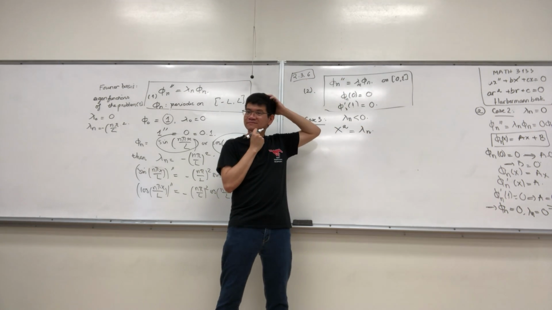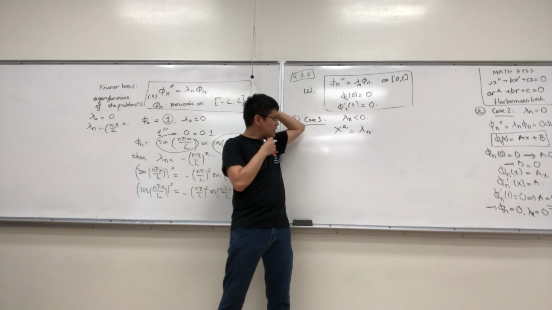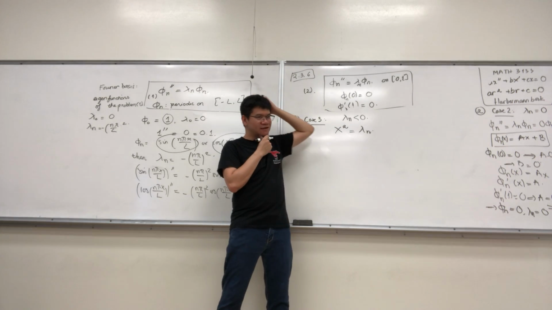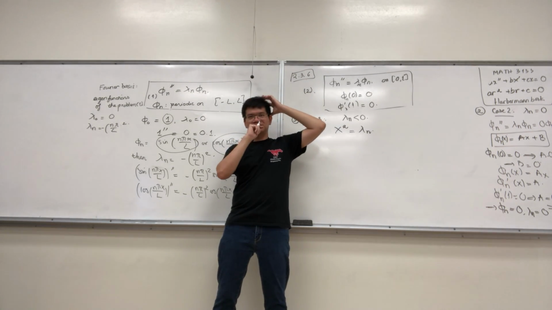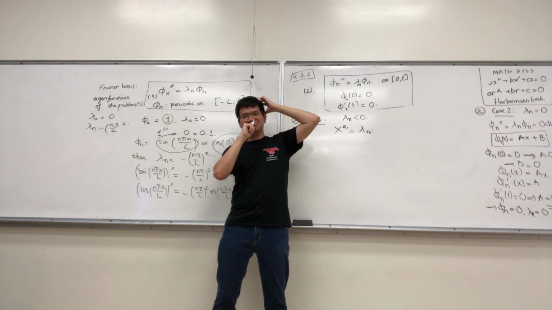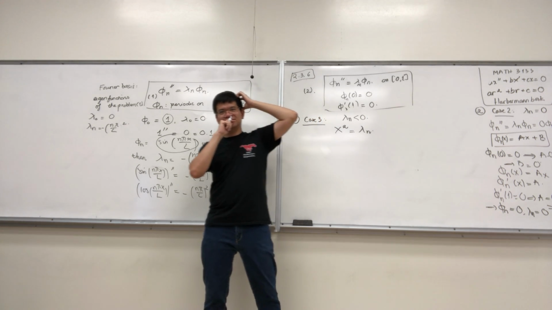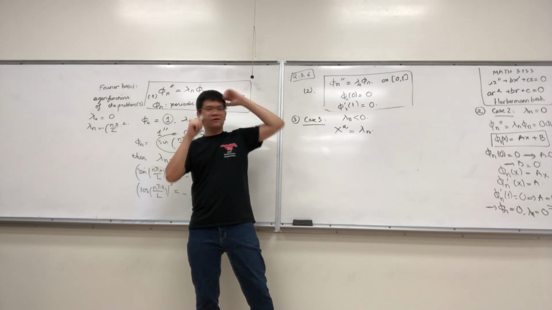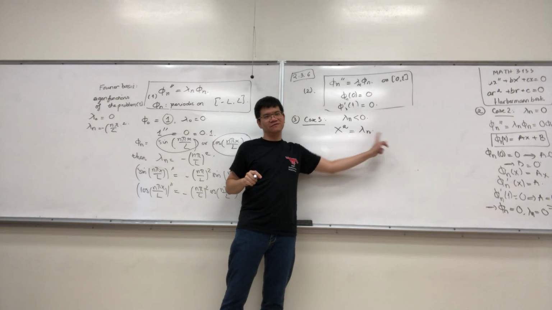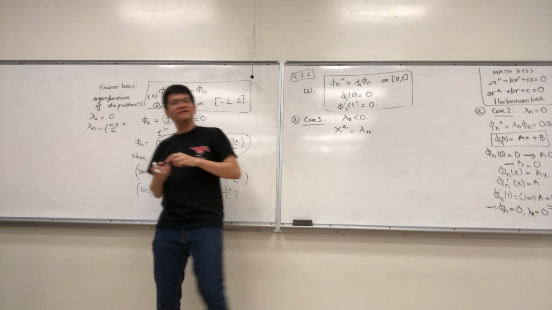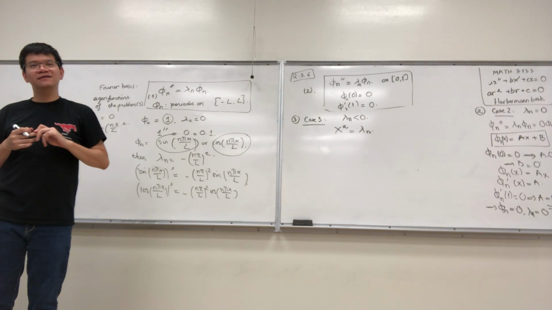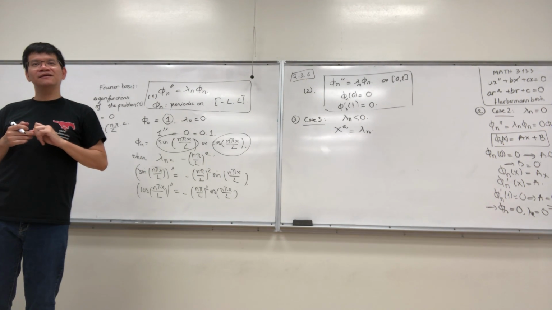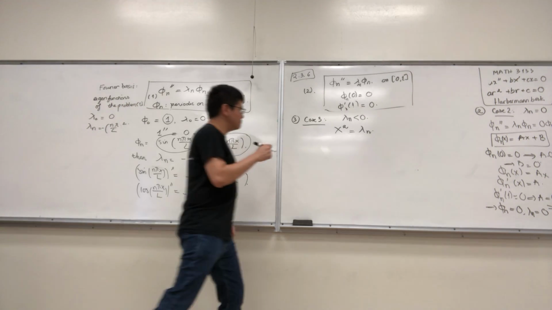Xi, minus xi. E to the minus lambda n t and e to the lambda n t. No, I'm just asking the roots of this equation. Cosine, minus root n i, or lambda n i.